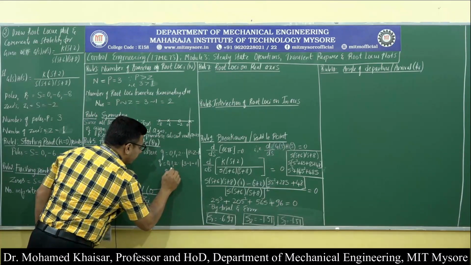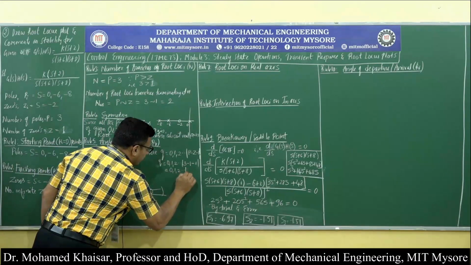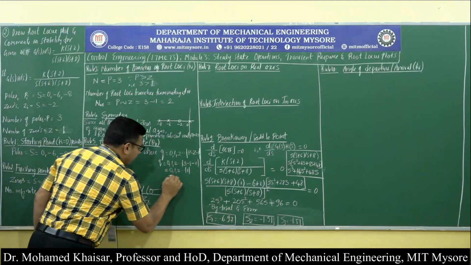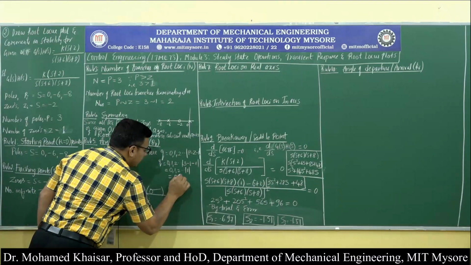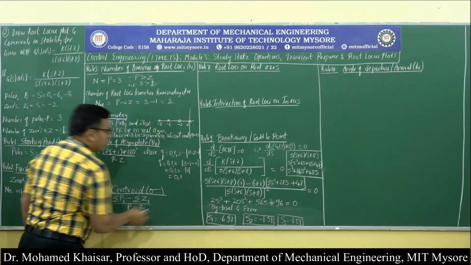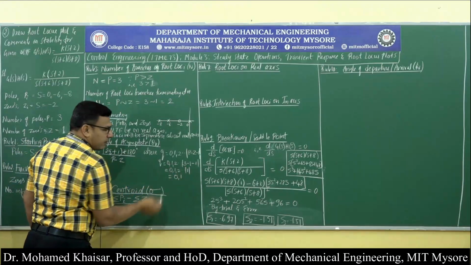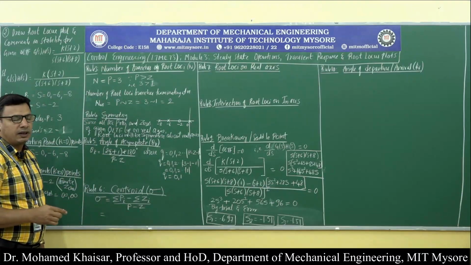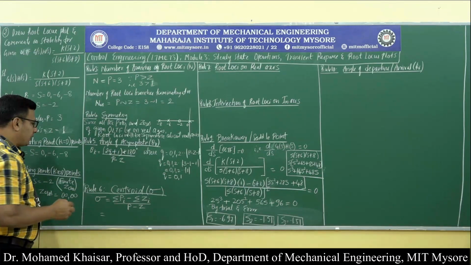That means 0, 1, 2, etc., up to 1. We need to go only till 1. So, we need to give the value of q as 0 and 1, and find the angles.